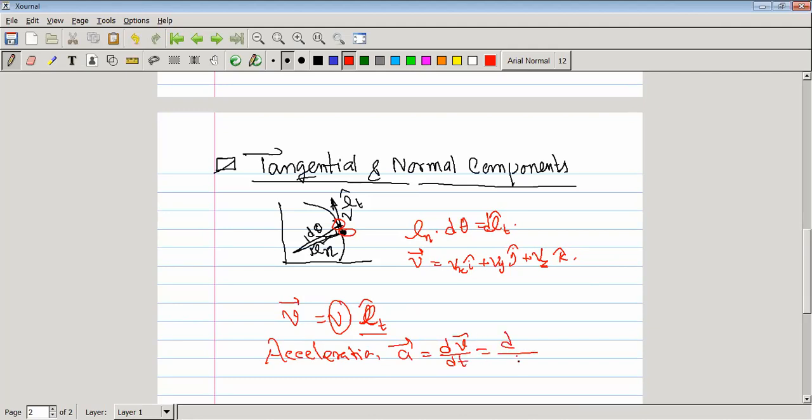So it is nothing but d/dt of v times et unit vector, and a is nothing but dv by dt. Here v is not a vector, remember, this is a magnitude into et, so we simply use the derivative formula for a product, and that is v into det unit vector by dt. Up to this, anyone have any confusion?